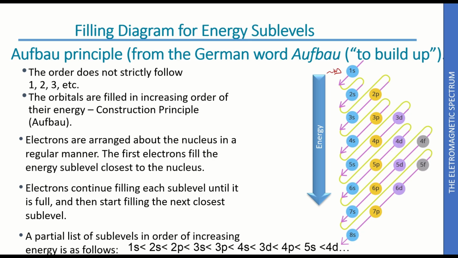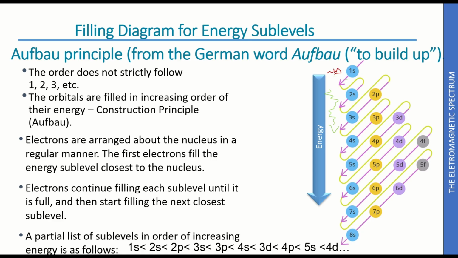To work with the electron configuration, you can use the Aufbau principle diagram. The diagram shows you the electron configuration with increasing energy. The electrons are arranged about the nucleus in a regular manner. The first electron fills the energy sublevel closest to the nucleus.